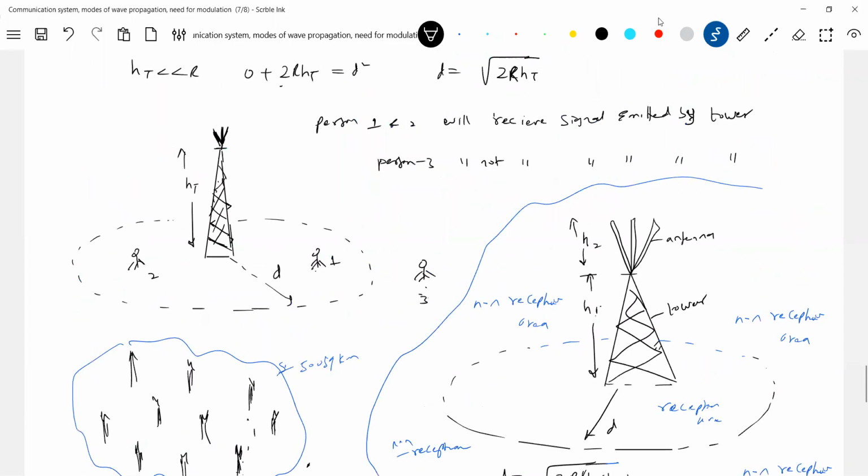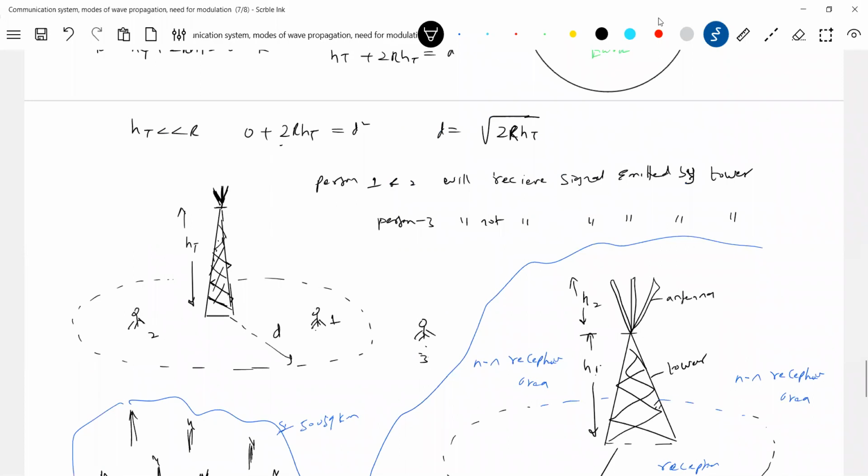Suppose we have population density, the number of receivers. I'll go for population density. We'll introduce only this idea here. Population density, I'll write n_D, is nothing but the number of mobile users per unit area. How do you define that?